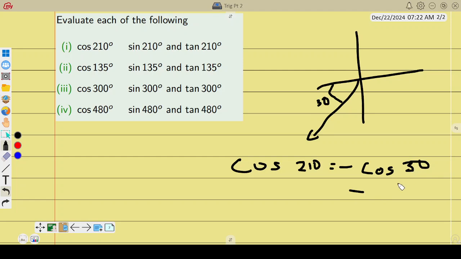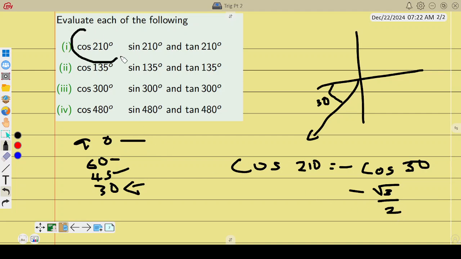Cos 30, I think we said it's root 3 over 2. I hope I'm right. You always draw your hand: 90, 60, 45, 30. For cos you go up. Above this 30, how many numbers do we have? We have 1, 2, 3. No wonder we have root 3 over 2. I've already answered this for you.